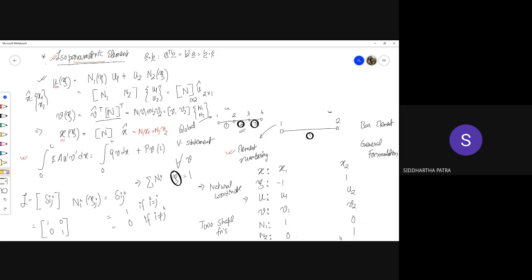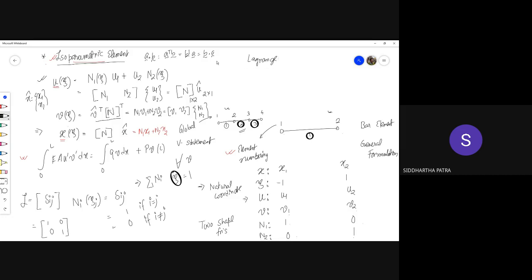So when I give you two conditions, what type of polynomial can you construct? Linear, right? So N1 and N2 are linear polynomials, and actually they are Lagrange polynomials.